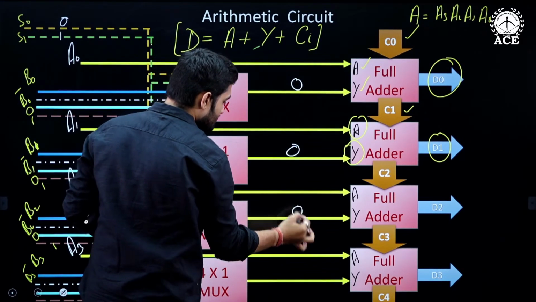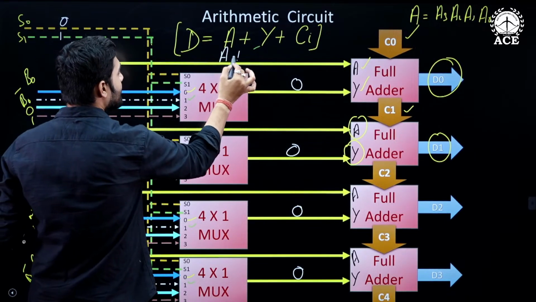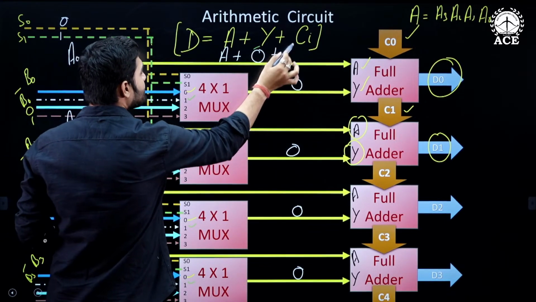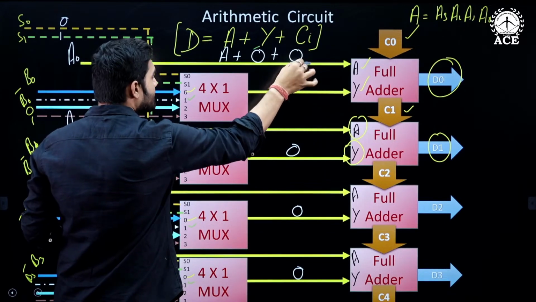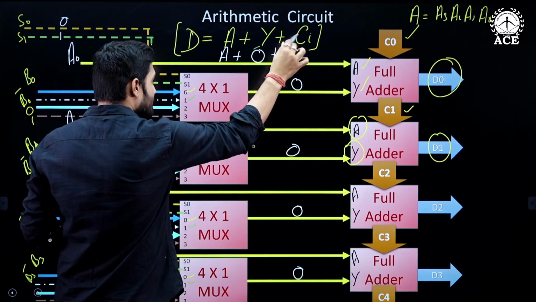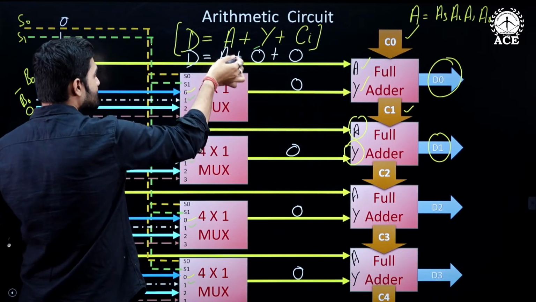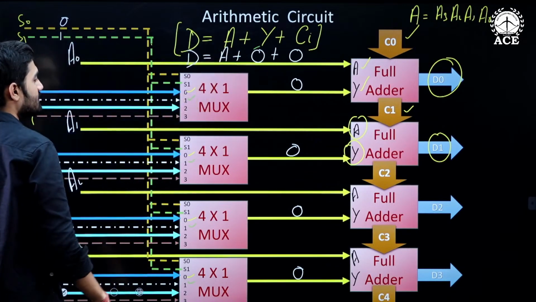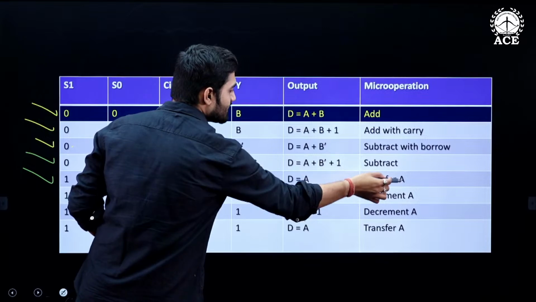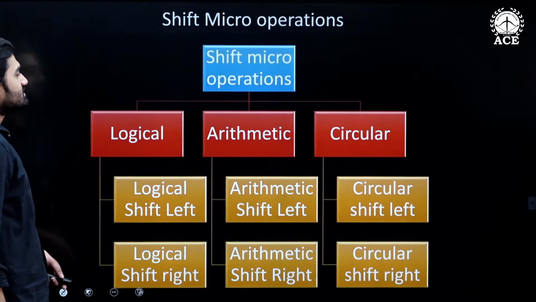That means A is A only, but Y is 0. Let us say carry in is also 0. In the first case I am taking carry in 0, in the second case I am taking carry in 1. If carry in is 0, then my D equals A. The content of A is going to be transferred to D. This is written as transfer A. Now the next row is coming. Let us understand.